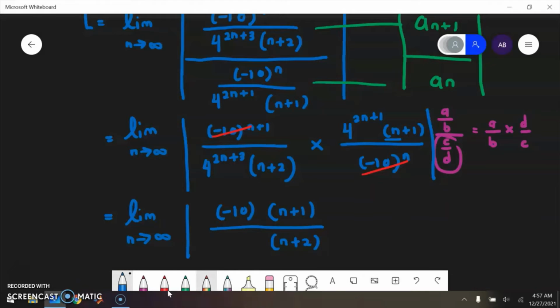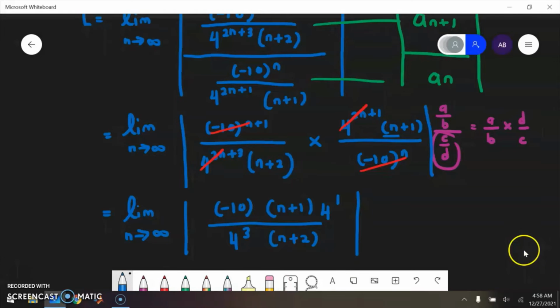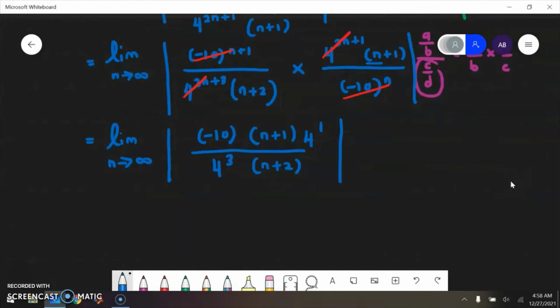Now up here, 4 to the power of 2n cancels out. Now I have 4 to the power of 1 and 4 to the power of 3. I'm sure this can be simplified, so that will remain 4 to the power of 2 here.